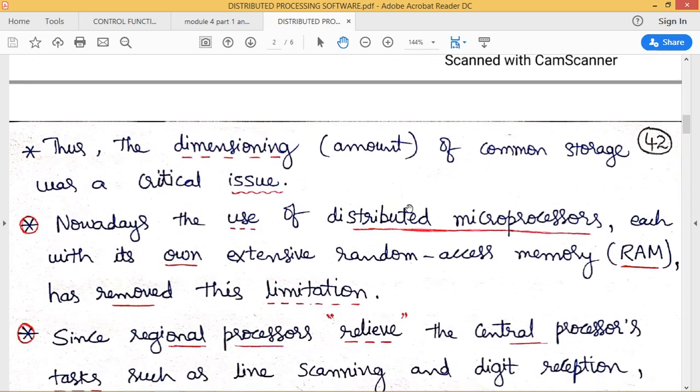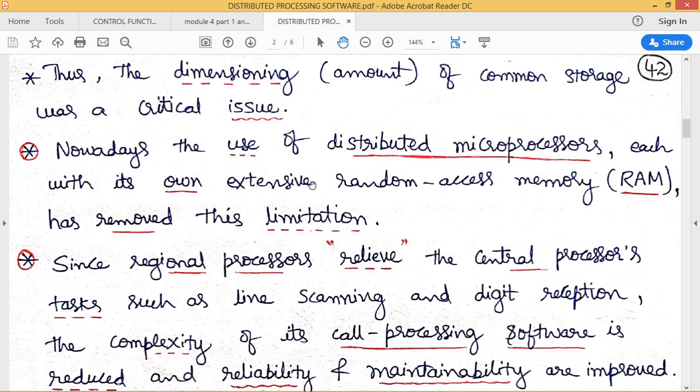But now with the help of distributed processing, this dimensioning problem, or the amount of common storage, was eliminated. Previously using a common storage was an issue, but nowadays with the use of distributed microprocessors, each regional processor, or small distributed microprocessor, has its own extensive random access memory.